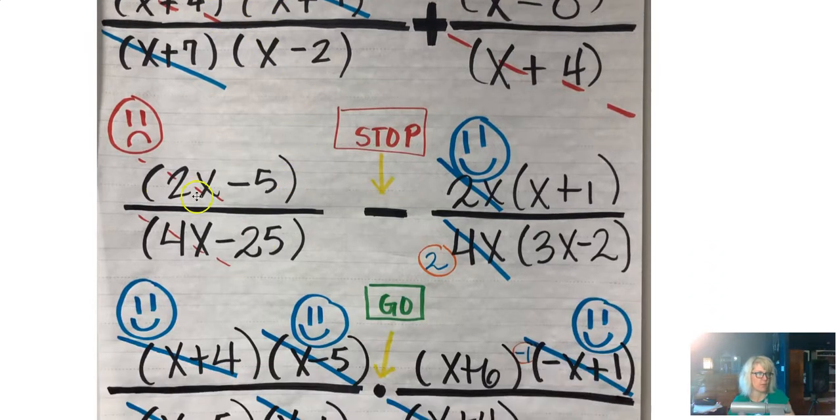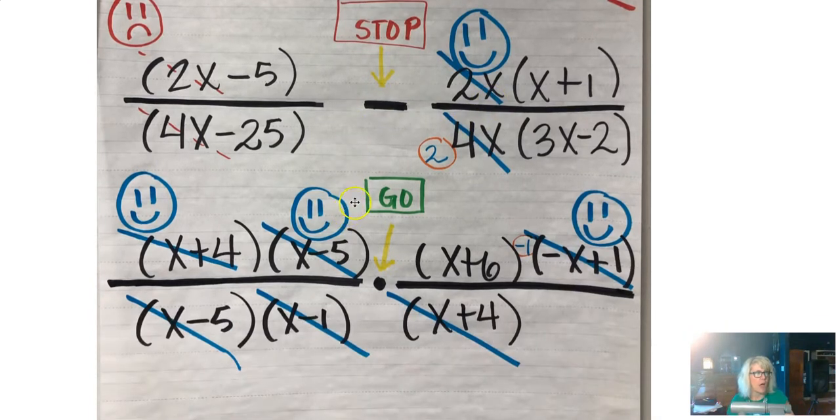I also cannot cancel out pieces. The only time that I can cancel things is when they are not inside parentheses or part of another binomial. On the flip side, if you have a multiplication dot, that is a green light. You can cancel anything on top with anything on the bottom.